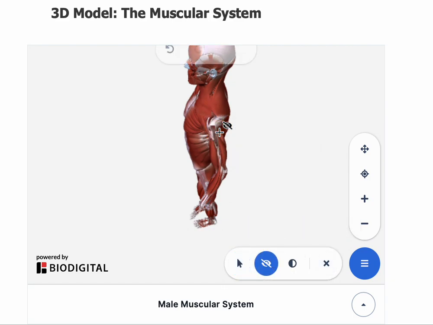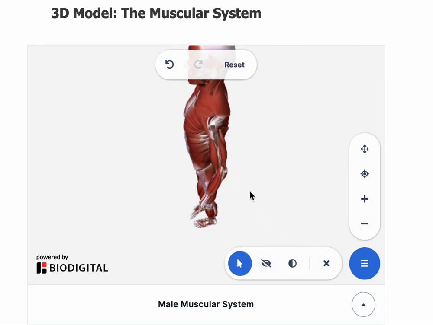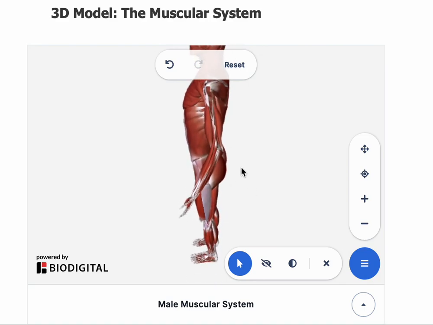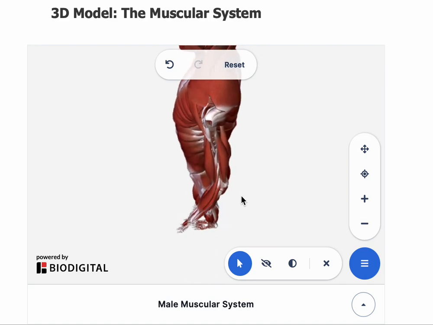So let's hide that. Let's zoom in. Right there, supraspinatus. So these two muscles are involved in us lifting our arm up to the side.